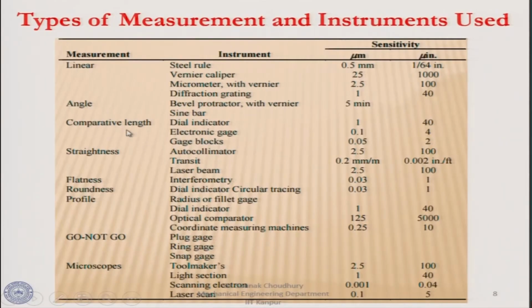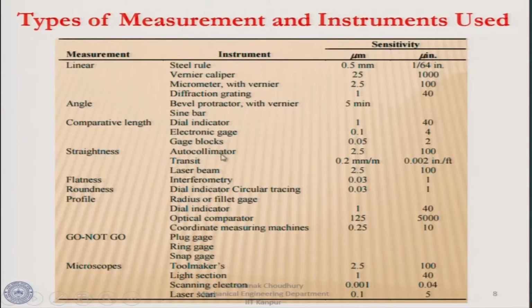Now, for measuring comparative length, dial indicators, electronic gauges, and gauge blocks are used. Of course, the dial indicator is not very accurate, nor so sensitive in comparison to electronic gauges or gauge blocks. Here you can see that they are very accurate and the sensitivity is very high. Now, straightness can be measured by an autocollimator.